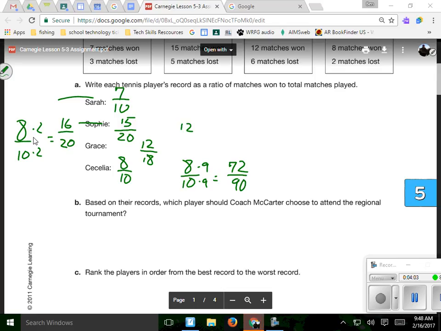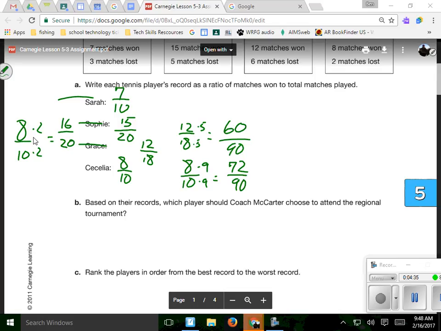So we got 12 over 18 times 5 times 5. We end up with, what, 60 over 90? Oh, man. Who's best? Cecilia's the best. Grace is out. Now, based on their records, which player should Coach McCarter choose to attend? Cecilia.